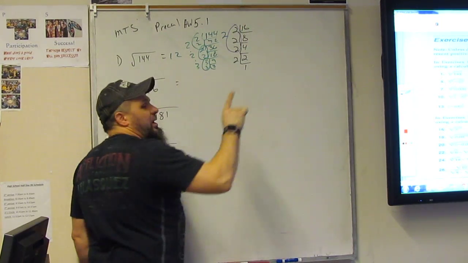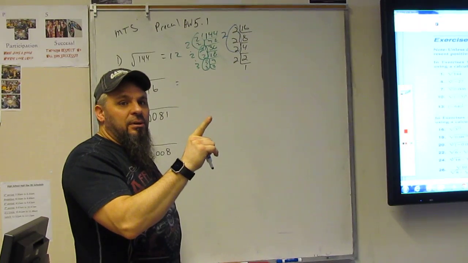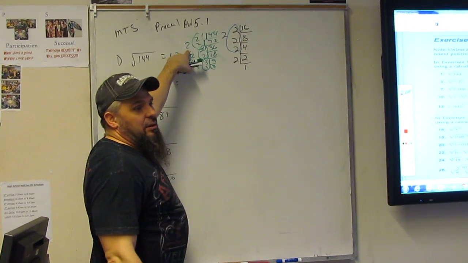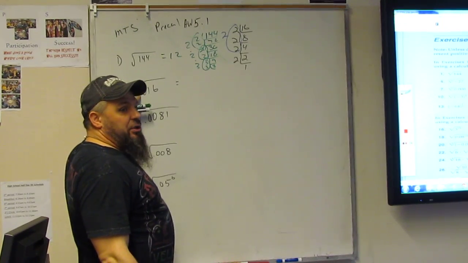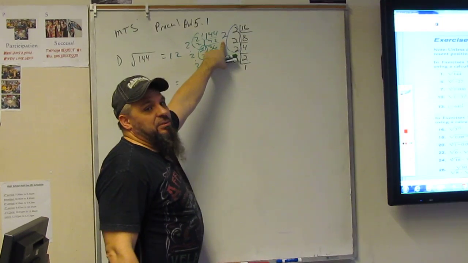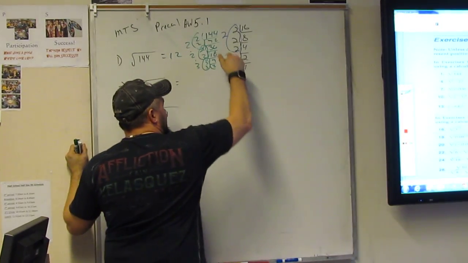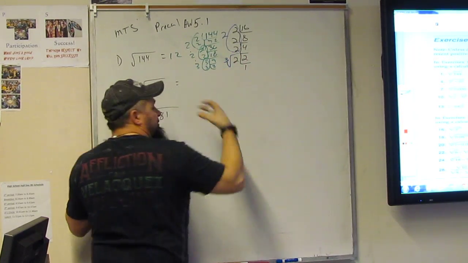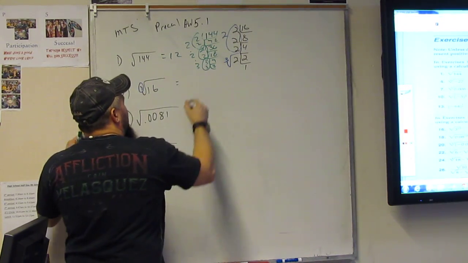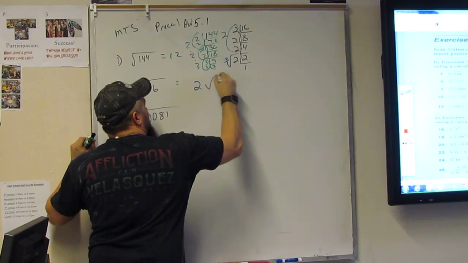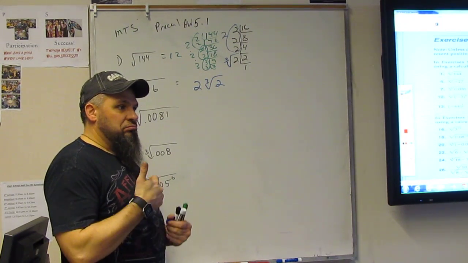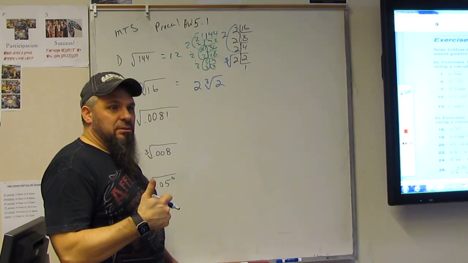With a square root, 2 of them change to 1, but with a cube root, 3 of them change to 1. Whatever doesn't get circled gets put into the cube root. So what it equals is 2 cube root of 2. Good?